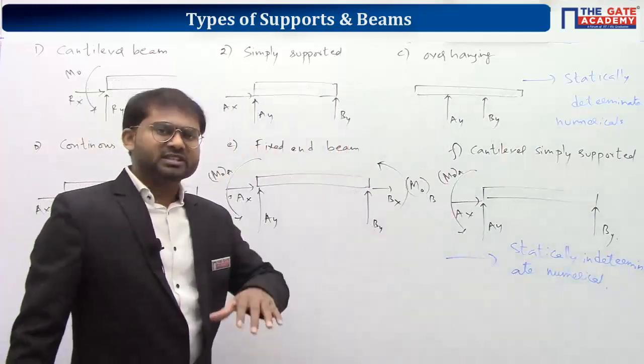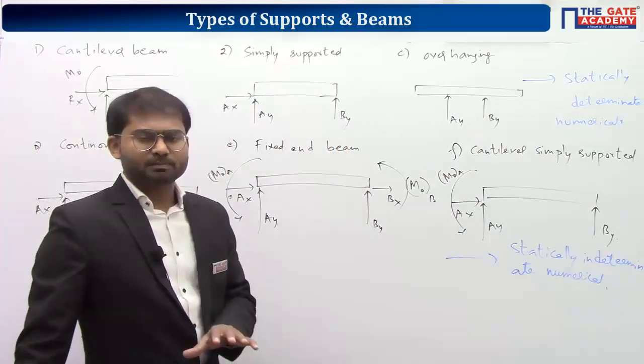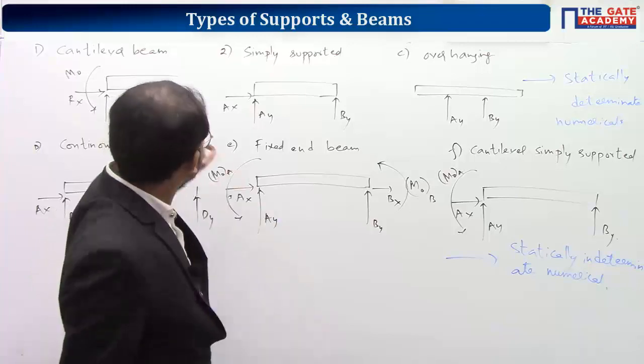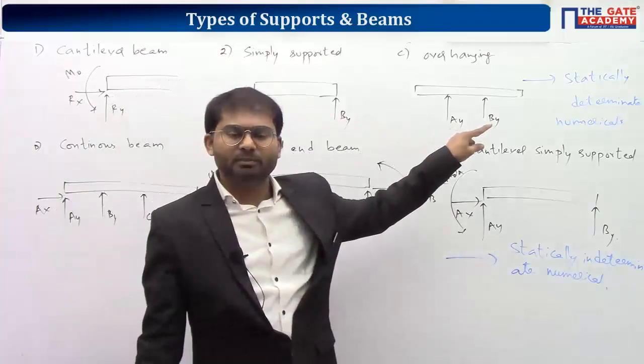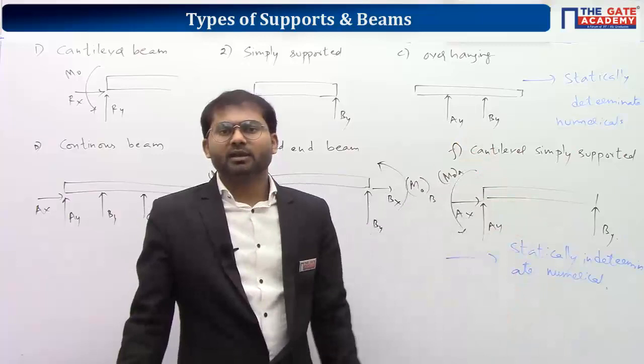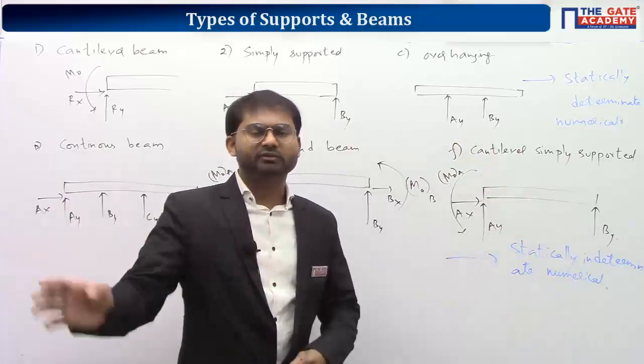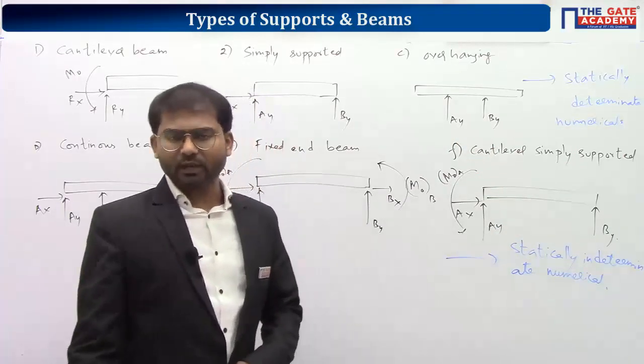Understand? In this subject of SOM, at least in this particular chapter, we are going to deal with only statically determinate beams, because we have to apply the equilibrium conditions, get the answer, and go ahead with finding the shear force diagram and bending moment diagram. Clear?